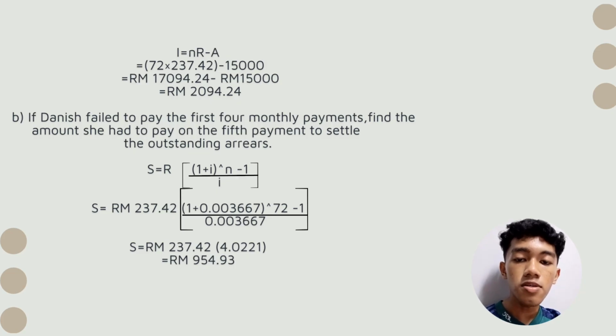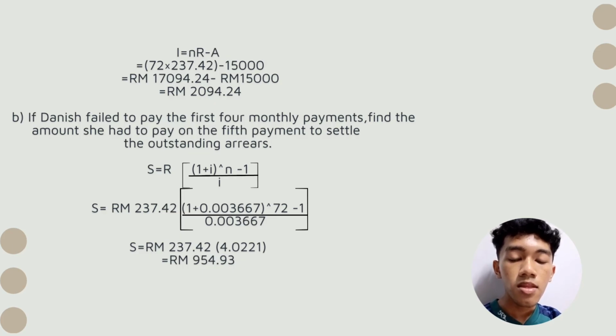So we put in the numbers: S = 237.42[((1 + 0.003667)^72 - 1) / 0.003667].